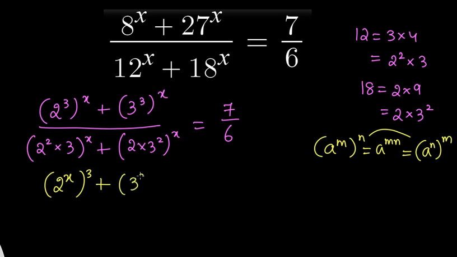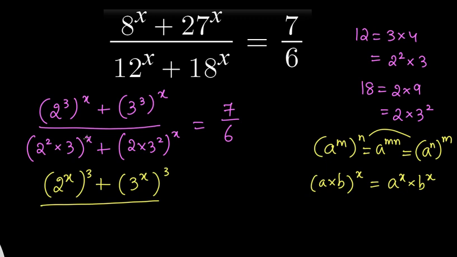so we have (3^x)^3, divided by, in the denominator, I'm going to use another law of exponents that says that if you have (a * b)^x, then we can distribute x inside the bracket, that is a^x times b^x. So we are going to distribute x to each and every term.